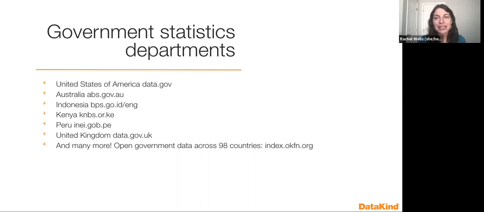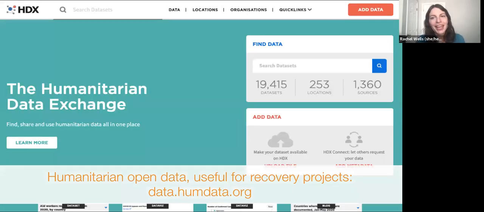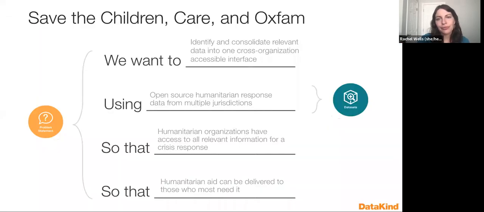So we also brought in some country level data for this humanitarian project. And finally, our largest data source for this project was the Humanitarian Data Exchange. Disaster response data, data on aid workers, and lots of humanitarian response to COVID data can be found on the Humanitarian Data Exchange.